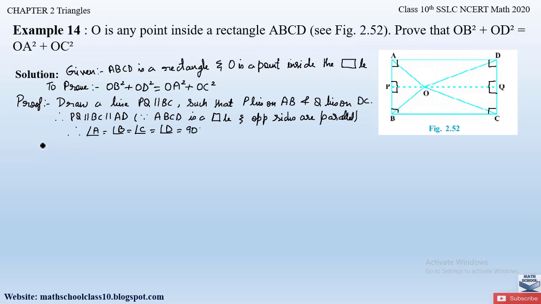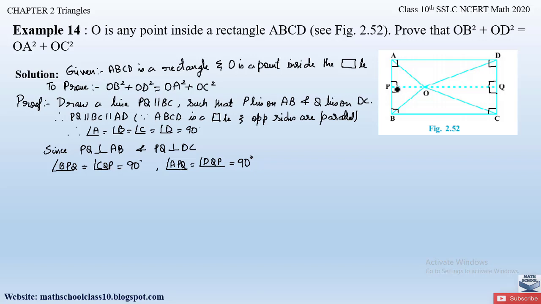So write down: since PQ is perpendicular to AB and PQ is perpendicular to DC, we have angle BPQ equal to angle CQP equal to 90 degrees, and similarly we have angle APQ equal to angle DQP equal to 90 degrees.